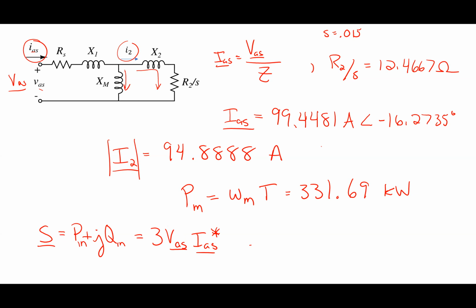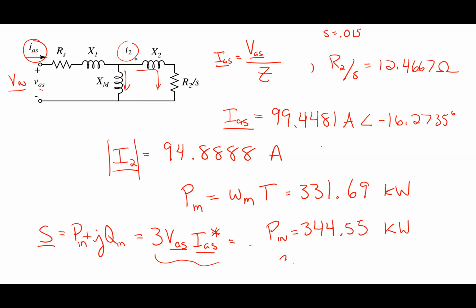I didn't write out what the Q is, but I know that the P is the real part of this. So if I take the real part of this whole thing, I'll get the P. And the P in that I work out to is 344.5 kW.